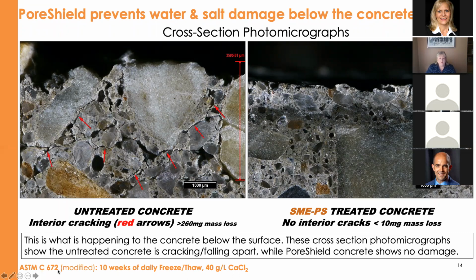And on the left, you can see a micrograph across a concrete section. And up along the top, you can see where the damage to the surface is occurring. There's loose aggregate. There is significant scaling that's occurring on the surface. But even worse is when you look down below where those red arrows are, there's all kinds of cracking damage, and pieces of concrete are going to be coming loose.